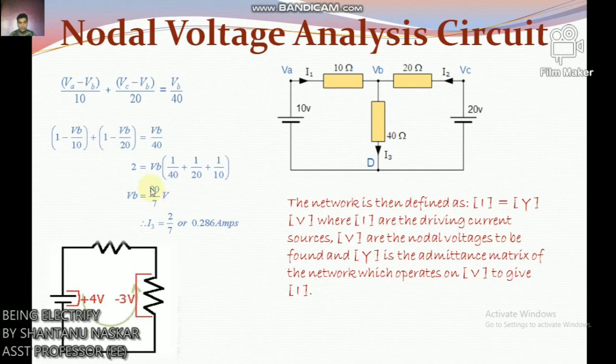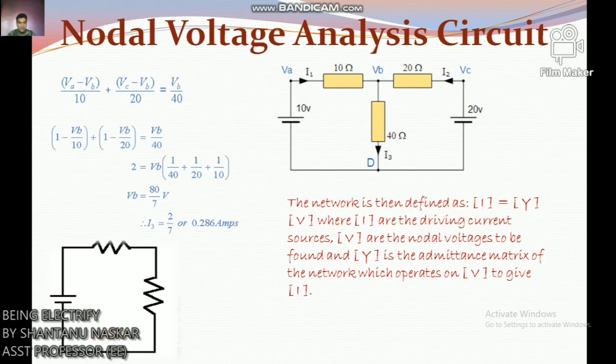So 2 equals VB times (1/40 plus 1/20 plus 1/10), so VB equals 80/7 volt. From here we can calculate I3, which is 2/7 or 0.286 ampere. Again the same value of 0.286 ampere we found using Kirchhoff's current law in the previous tutorial.